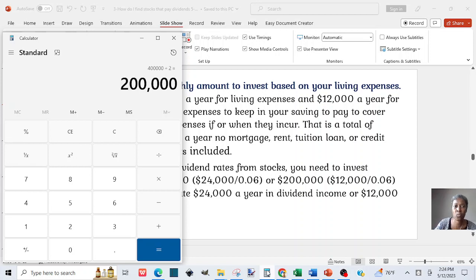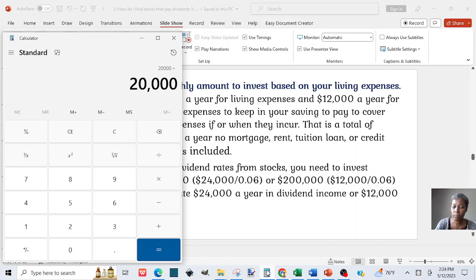Or divided by 2 will give you $200,000 that you need to invest to generate $12,000 in dividend income a year. So if you set a 10-year time frame to reach this goal, that means this $200,000 divided by 10 will give you $20,000 to invest a year.